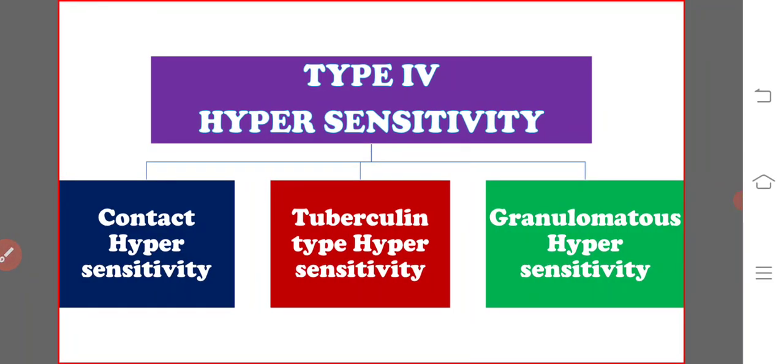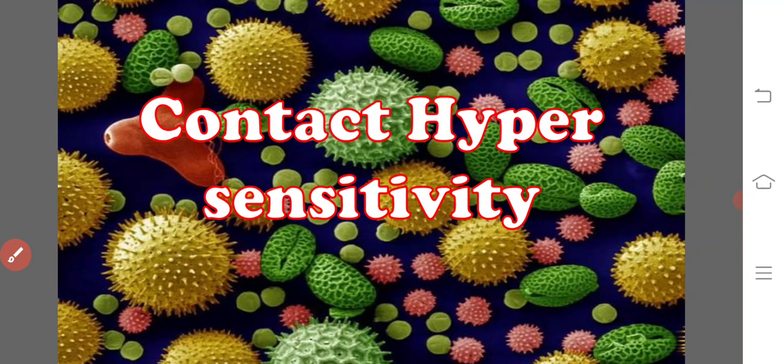And there are three variants of the type 4 hypersensitivity reactions which are recognized. They are contact hypersensitivity, tuberculin type of hypersensitivity, and the granulomatous hypersensitivity. Let us see one by one. Contact hypersensitivity. It is characterized by an eczematous reaction at the point of contact with an allergen.